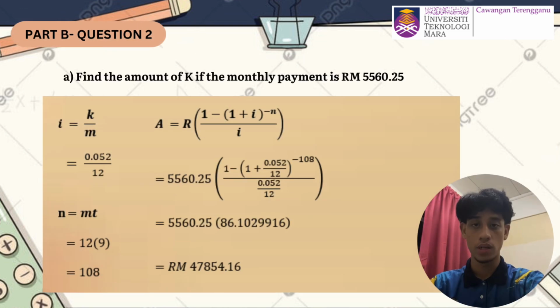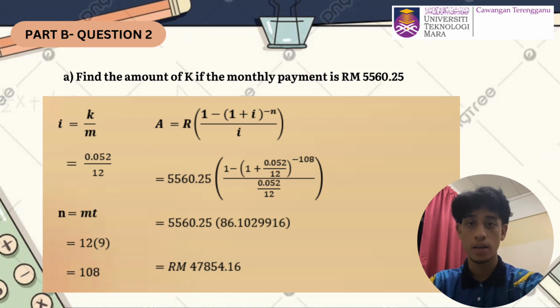So now, let's go through how to solve this question step by step using the present value formula, where A equals R times [1 minus (1 plus i) to the power of negative n] per i, where A is the amount we have to find out, R is the periodic payment, 5,560 ringgit and 35 cents, and i is the periodic interest rate, which is k per m, where k is the nominal rate 0.052 and m is the total number of compounding periods per year, which is 12.